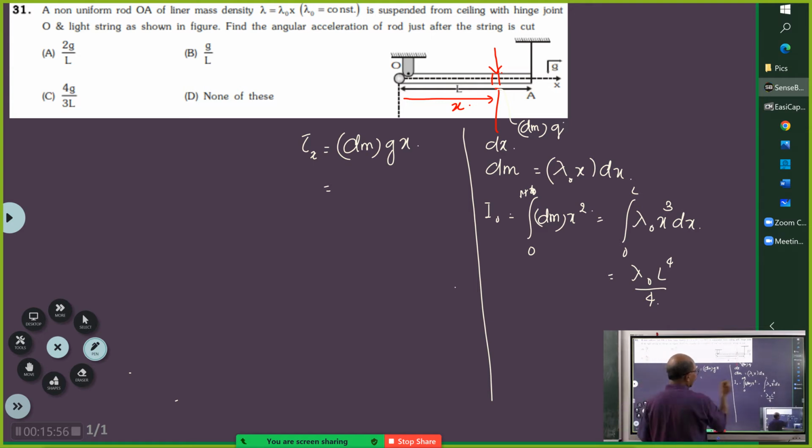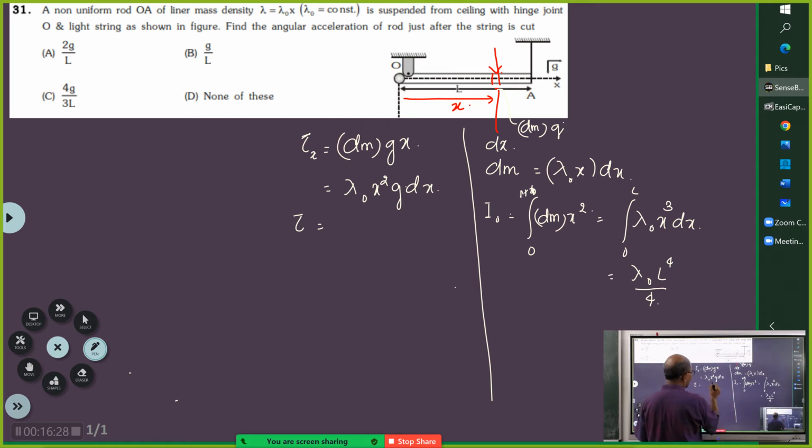Just fill in the values for dm, again from here. So this becomes lambda naught x, and already there is an x here, so this becomes x square g. This is the tau at that point x, and therefore the net tau, the total tau. I should have written here dm into dx, I had forgotten dx.